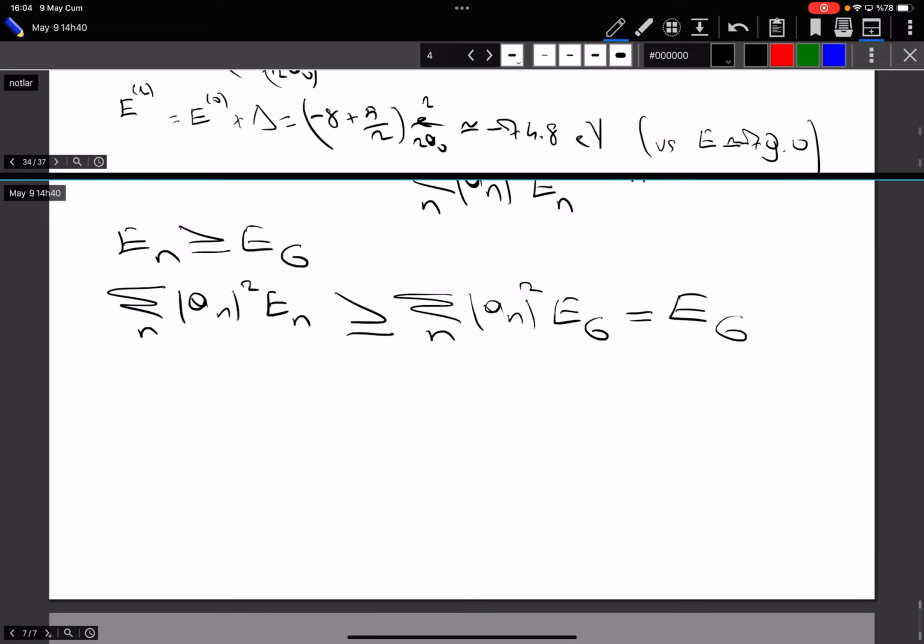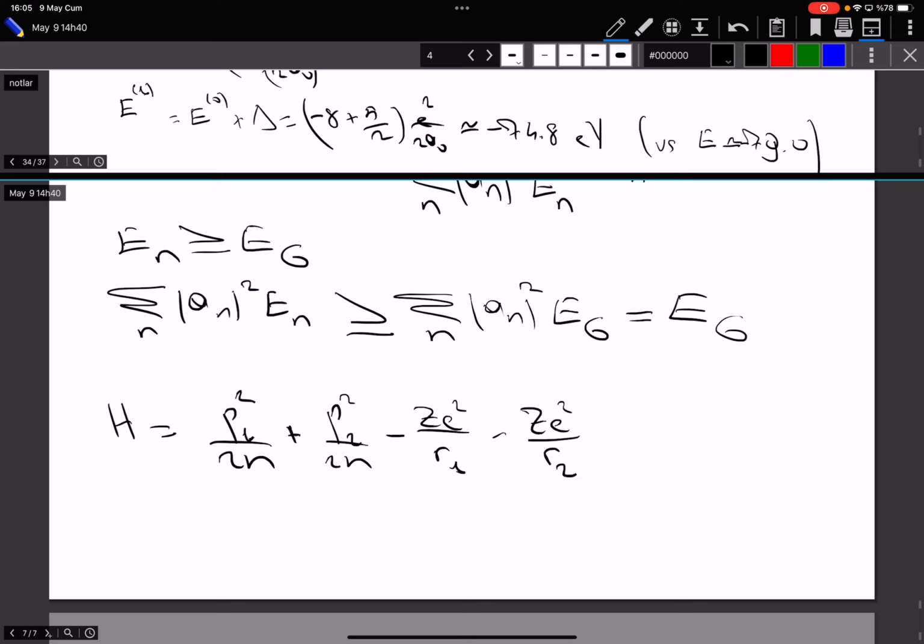I won't do it, I will leave it as an exercise, but to make it shorter, this is my Hamiltonian. Let me write it in this form.